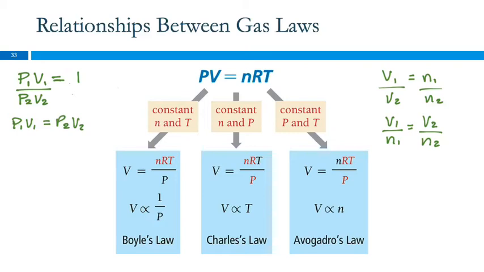But this can be a really handy tool to have because occasionally it'll give you a problem where we didn't learn a specific gas law. These are the three we looked at. What if we had constant N and constant V, and we just had pressure and temperature changing? Well, we don't have a specific gas law for that. How could we figure it out? Well, we could derive one like this. Any questions?